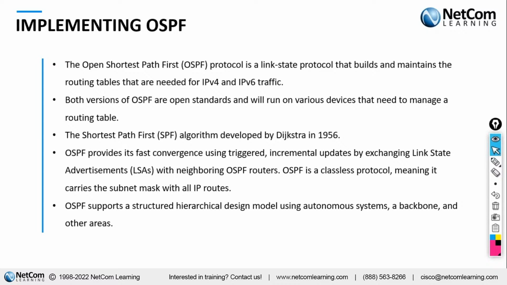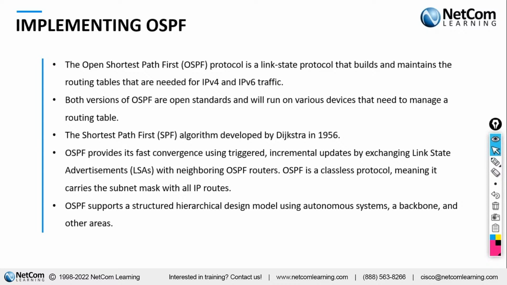OSPF supports a structured hierarchical design model using an autonomous system. We have a backbone and other areas. What is an autonomous system? An autonomous system represents your organization. So if you have one network, that is your autonomous system. Let's say we have a company working in North America, ABC LLC.